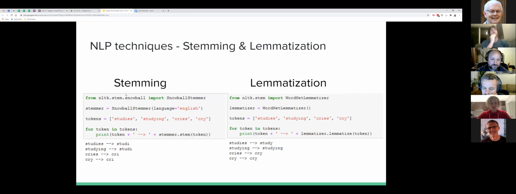I've used one of the stemmers from the NLTK package, and I've tried to stem studies, studying, cries, and cry. As you can see, the output isn't really what you would expect. Studies and studying turn into studi, which is spelled wrong, and cries and cry do the same thing. So the stemming process here isn't really that effective, or very accurate.